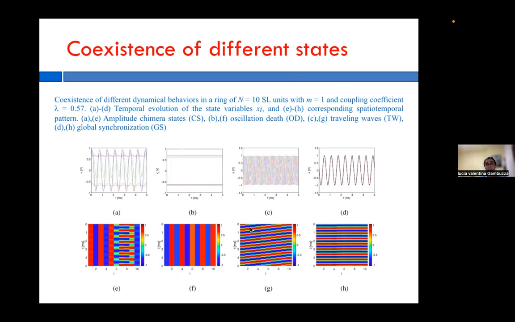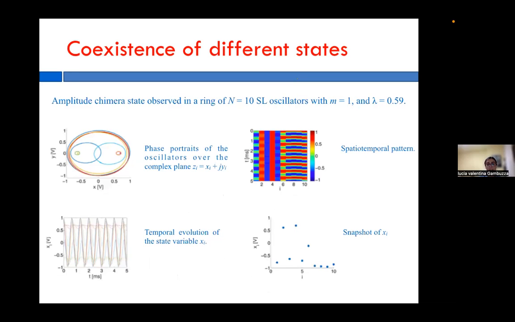So we have the alternation of these two values in our system. Then we have the traveling waves, so we have oscillation of all the units, but the phase is changing in time. And finally, we have the global synchronization, which is a global state in which all the units have the same behavior. Here is the phase portrait in the case of amplitude chimera.